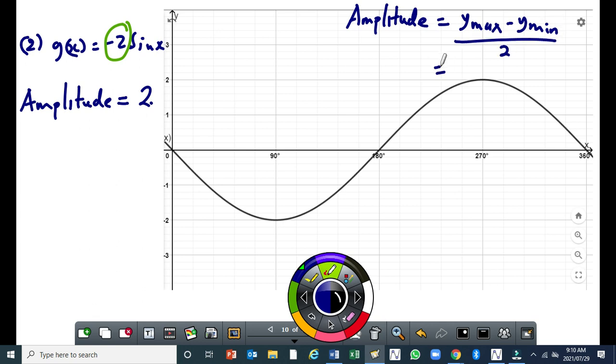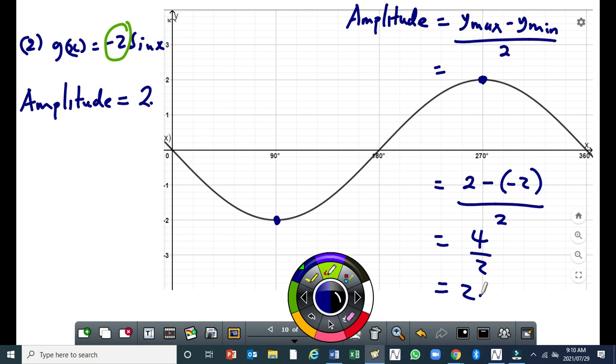Our y maximum is the value of y here, and the value of y here is our minimum, so we'll end up having 2 minus negative 2 over 2, that will give you 4 over 2, and you get 2. Then the period is equal to 360 degrees.